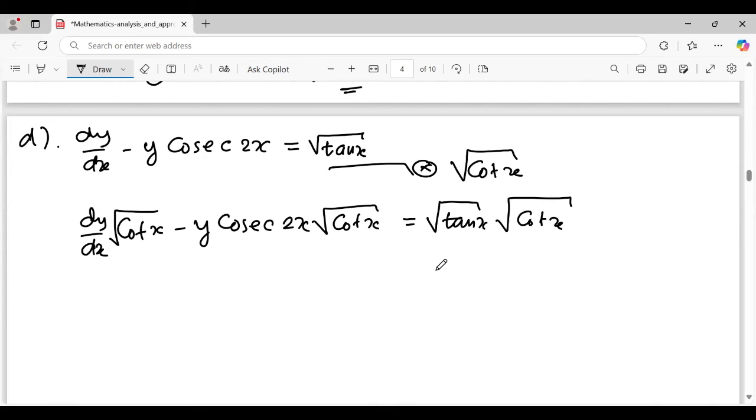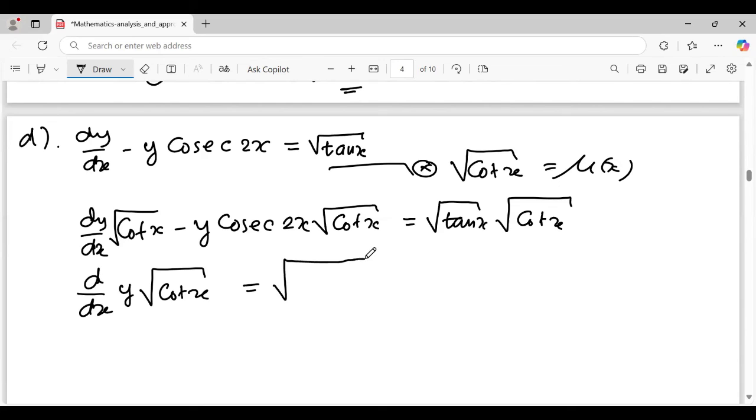And for the next step, the left-hand side becomes the derivative of y and mu(x). This is the derivative of y times mu(x), the integrating factor, so square root cotangent x, equals square root tangent x times square root cotangent x.